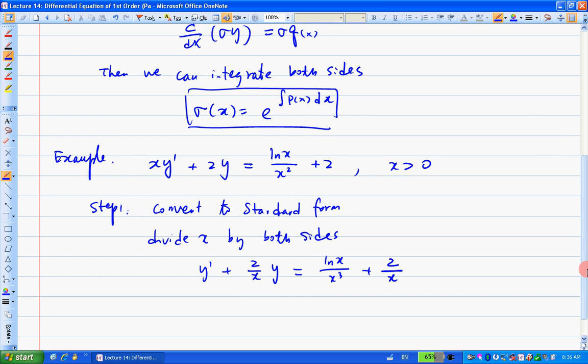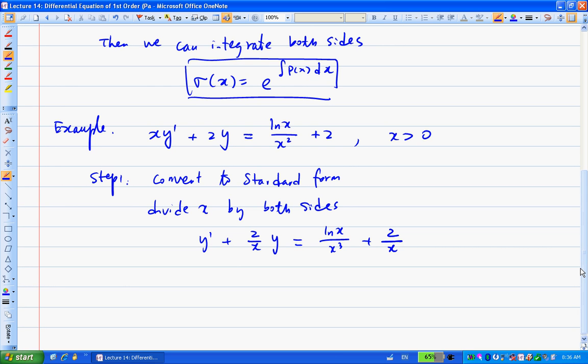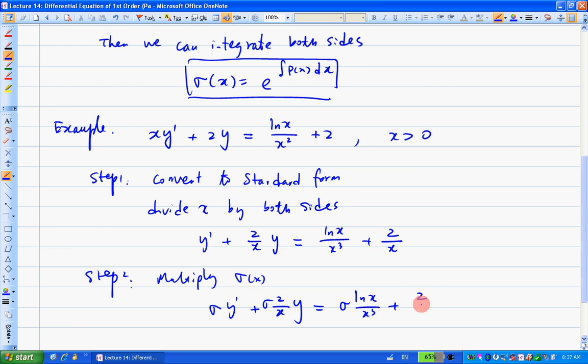Now we're ready to apply the standard approach of the integrating factor method. I'm not going to apply the formula, I'm going to go over the procedure. This is step number 2. We multiply by sigma of x, so we end up with sigma y prime plus 2 over x sigma y equals sigma times ln x over x cubed plus 2 over x.